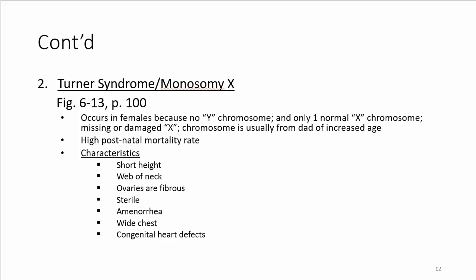But monosomy X is compatible. So because there's only an X chromosome, there's no Y chromosome, then this person is female. Now, usually the problem is that the father doesn't have a Y chromosome in the sperm, and it's often with elderly fathers.